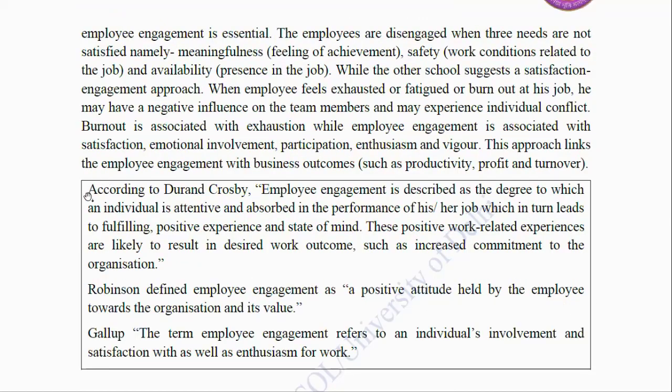As per one view, employee engagement is described as the degree to which an individual is attentive and absorbed in the performance of his or her job, which in turn leads to a fulfilling positive experience and state of mind. These positive work related experiences are likely to result in desired work outcomes such as increased commitment to the organization.